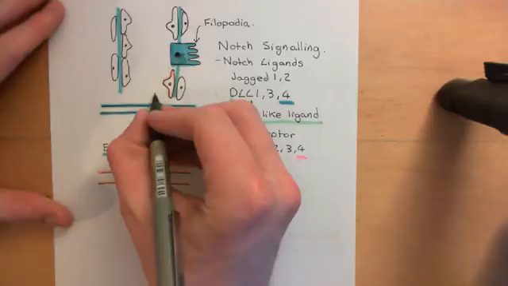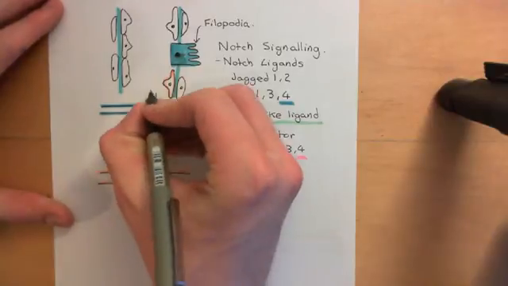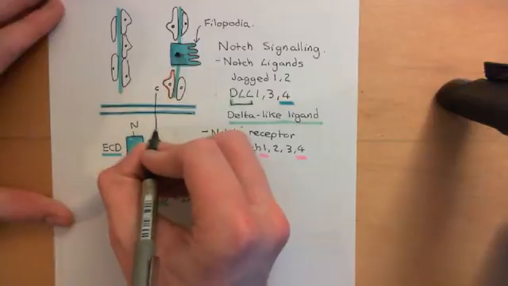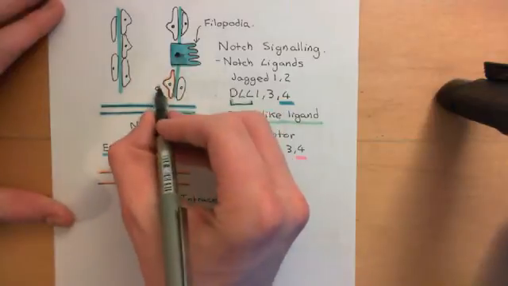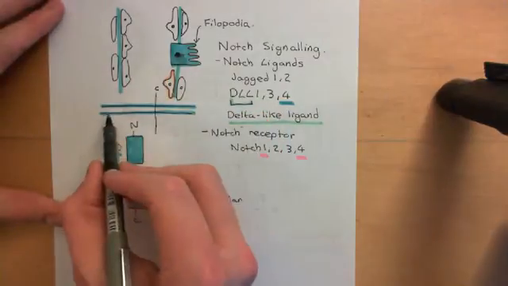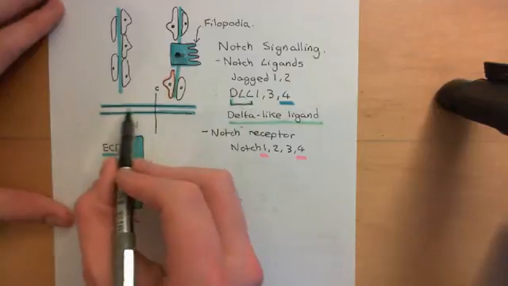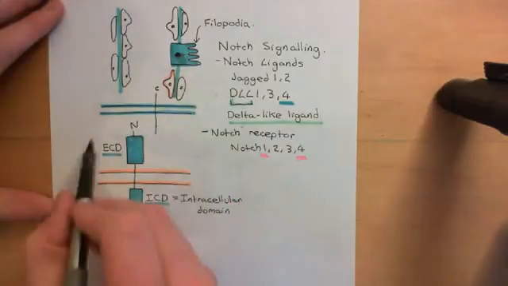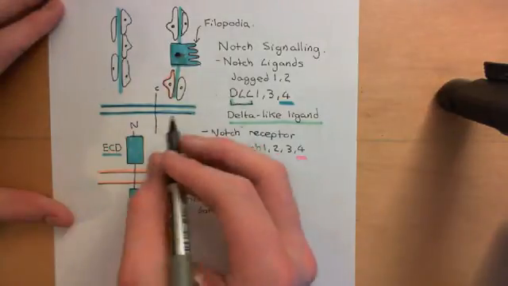So let me put this on here. Again, delta-like ligand 4 is a single-pass membrane protein with its C-terminus in the cytoplasm. This time, this is the outer leaflet of the cell membrane, this is the inner leaflet, so it's the opposite way around to this side. This is the extracellular fluid, and this is the cytoplasm.